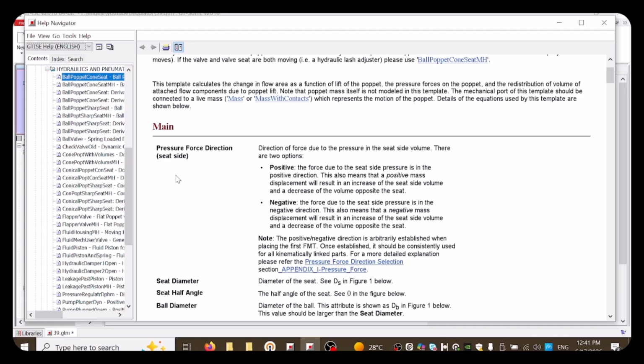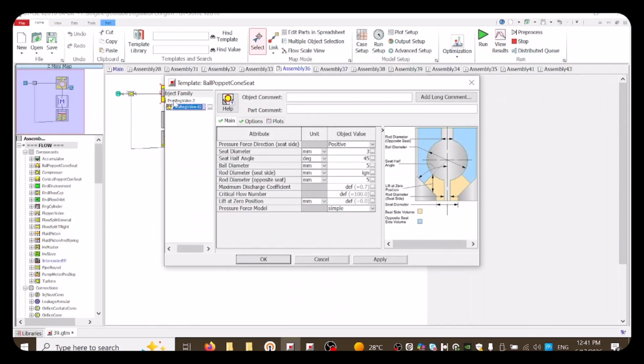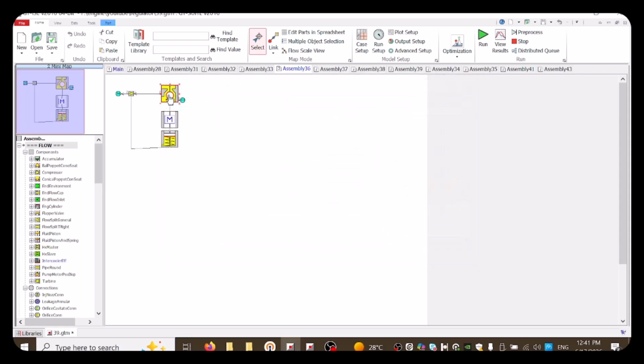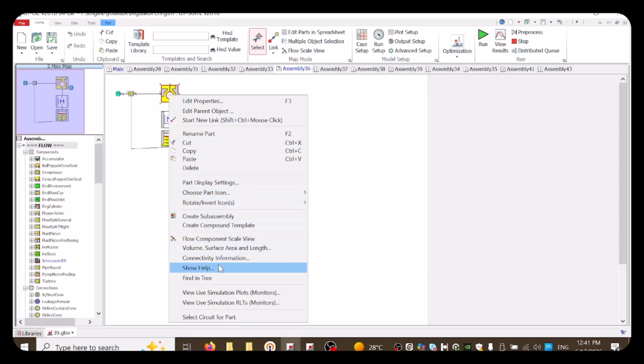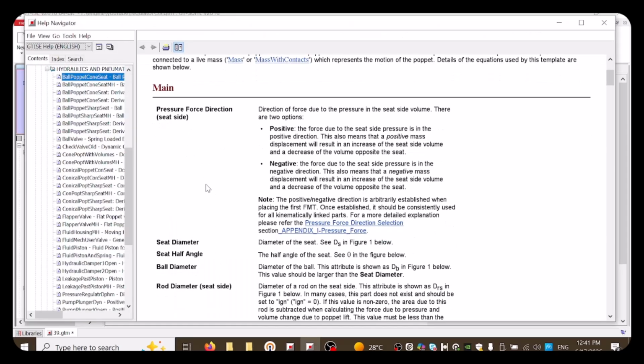And what we have here is the main tab. What are these items? At the main tab, we have pressure, force, direction. Direction of force, positive or negative.